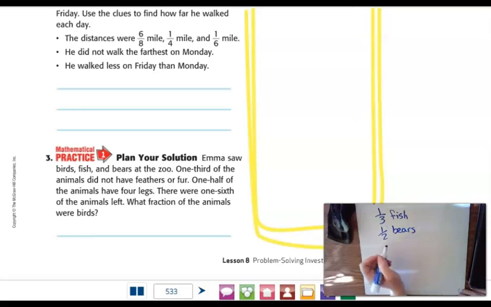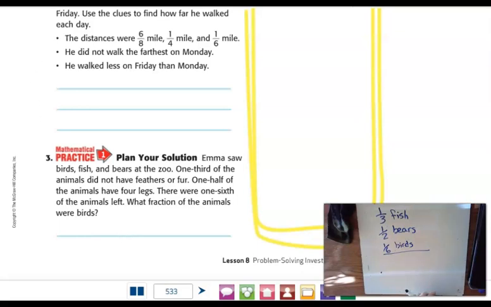There were 1/6 of the animals left. What fraction of the animals were birds? Okay, so what I would write for my sentence here is 1/6 of the animals were birds. And that seemed actually easier than the other ones.